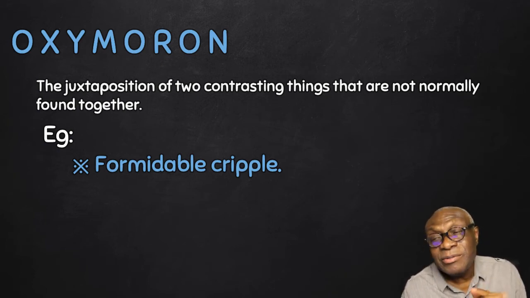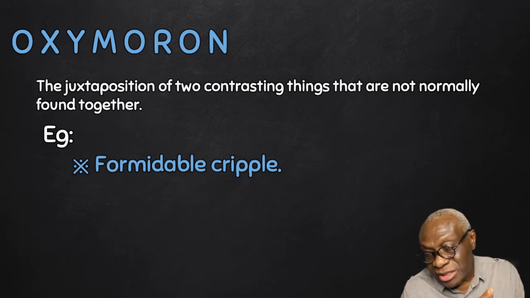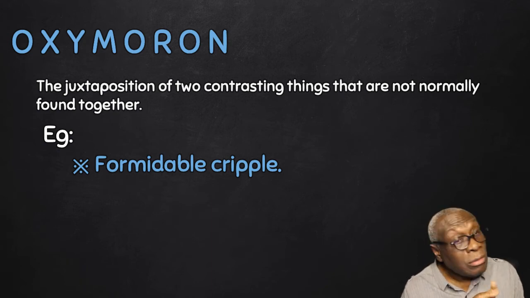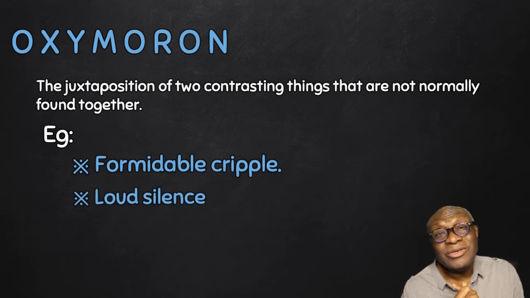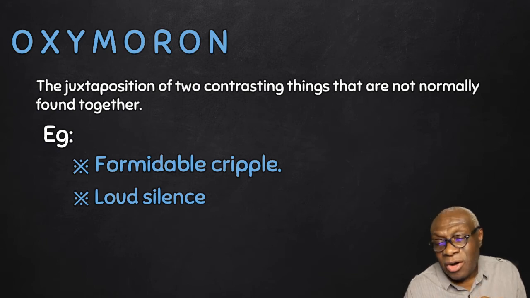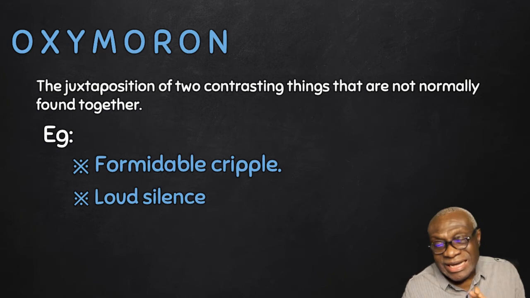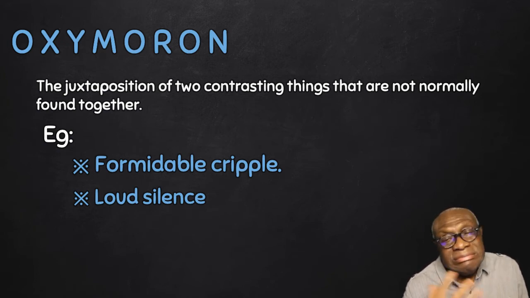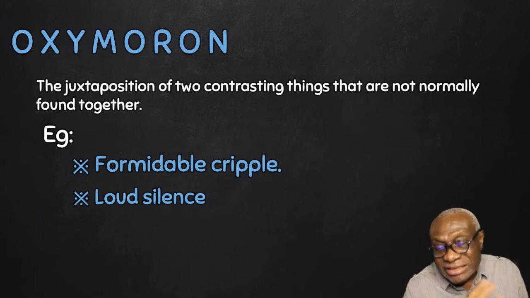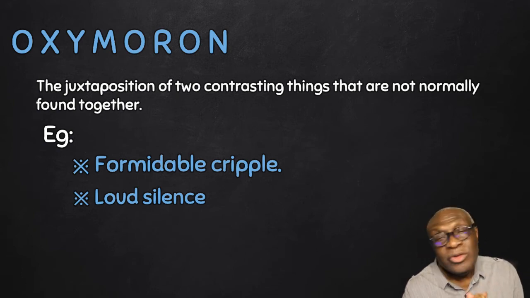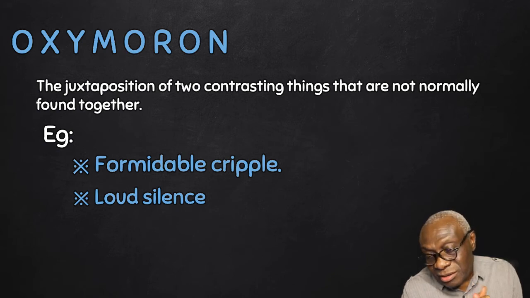If you say formidable cripple, you have used oxymoron. Oh, I'm frightened by the loud silence in this room, or the loud silence is disturbing. Loud and silence are opposite concepts. We do not encounter silence which is loud, because they are opposites. If you put them together, you are using oxymoron.